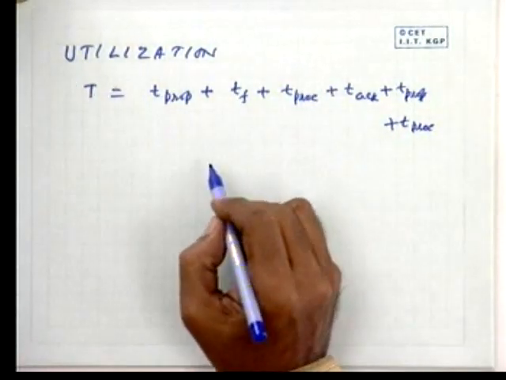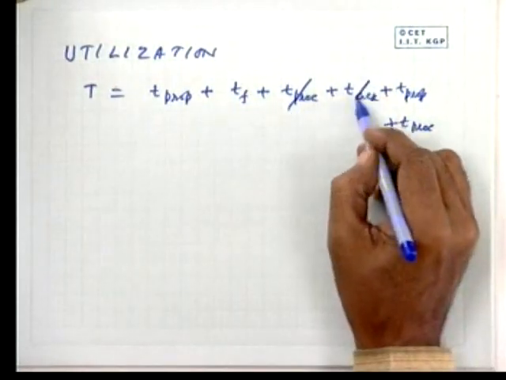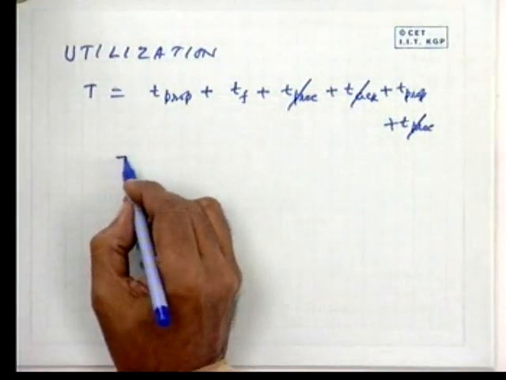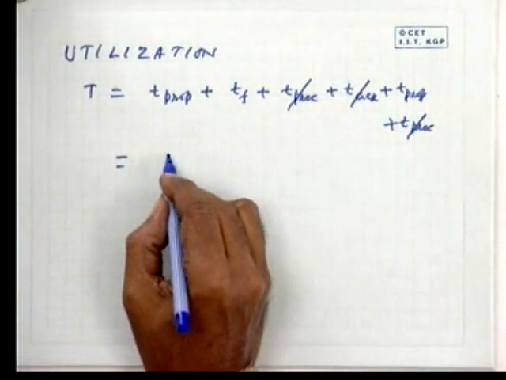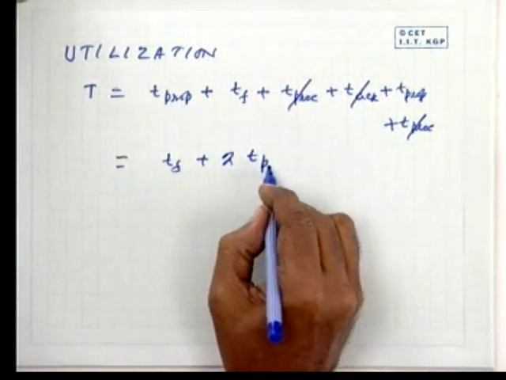But as we know, these times are small. The processing time and the time needed to send the acknowledgement frame are negligible, and this leaves us with T equal to TF plus 2 into T propagation.